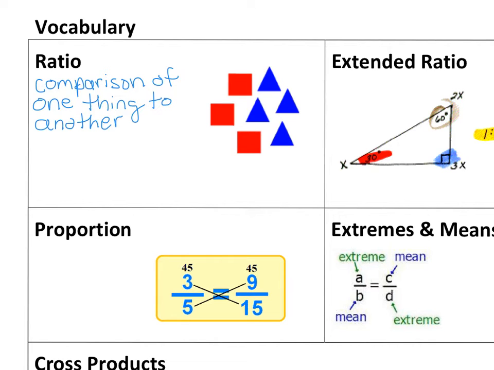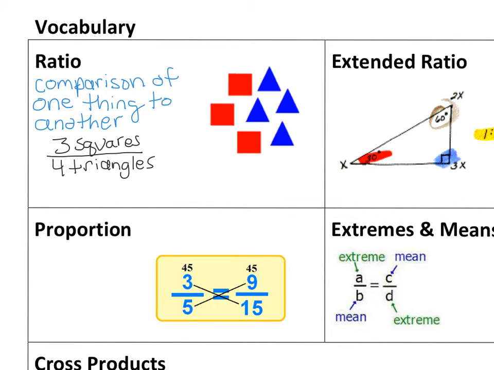But we could compare these two things. We could say 3 squares to 4 triangles. So a ratio often is written in the form of a fraction.